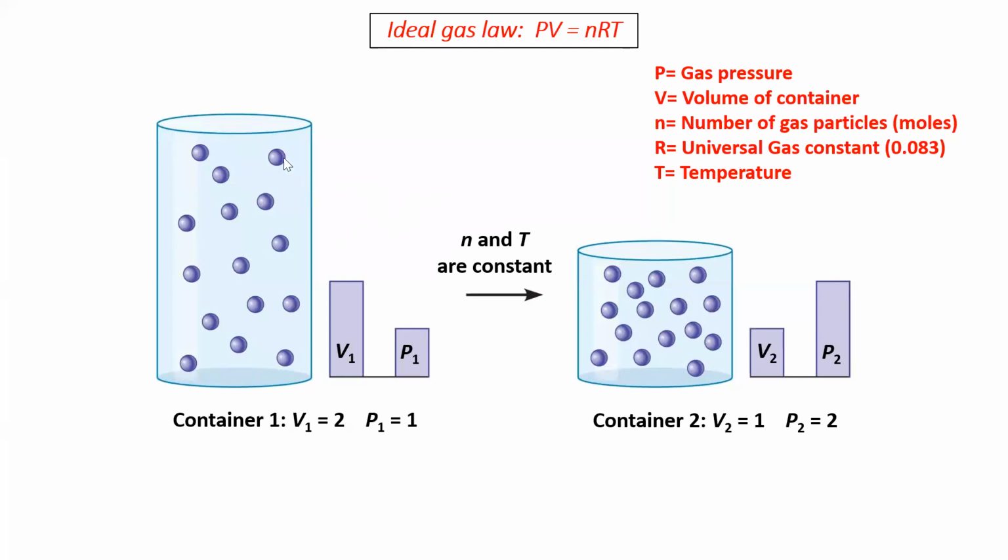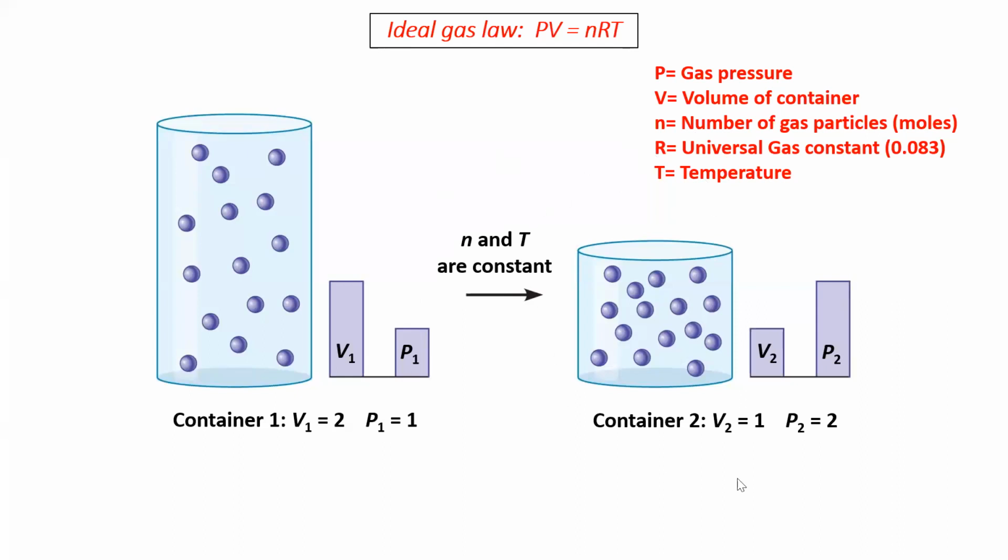So if you look at our container here on the left, we have a set size of the container. We have a set number of gas molecules in the container. And so we have V1, the volume of that container, being about 2, and P1, the gas pressure, being about 1, okay? Now, given that our temperature, number of gas molecules, and universal gas constant are constant, the variables are going to be pressure and volume.